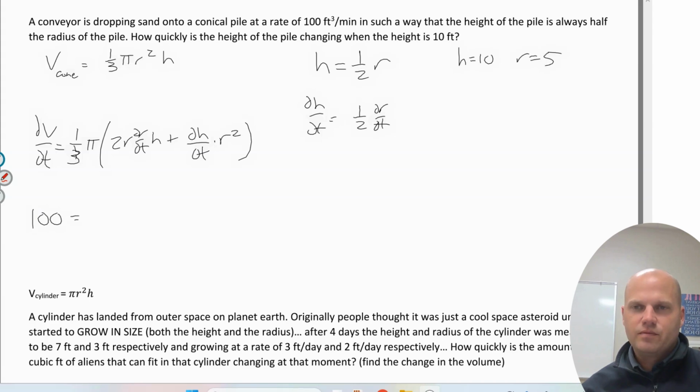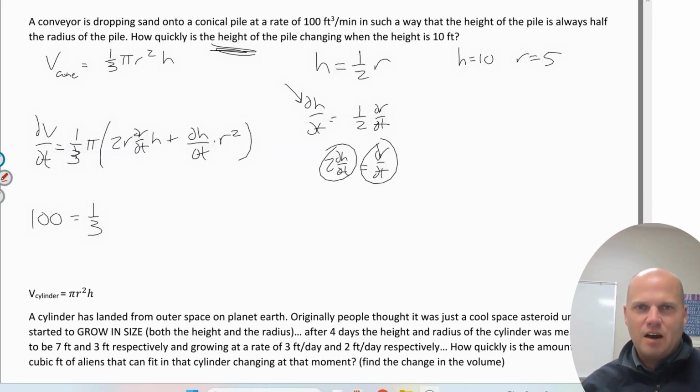So dV/dt is 100. I want to find how dH/dt is changing, which means, watch what I'm going to do, and many of you probably aren't doing this. Wherever I see dr/dt, I'm replacing it with 2 dH/dt. So I got 1/3 pi, I got 2 times r times dr/dt is 2 dH/dt. H is 10. This is just a lot of stuff. dH/dt, r is 5.